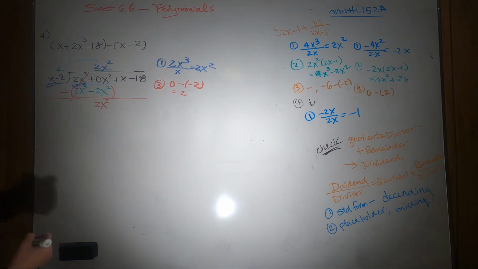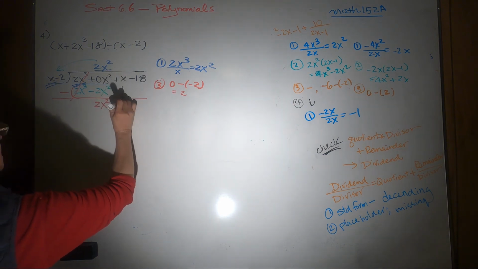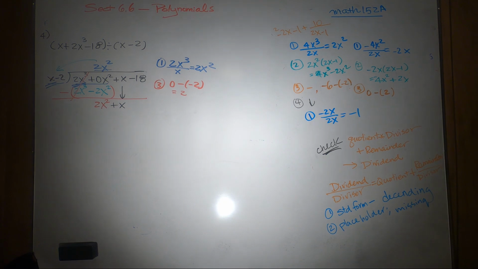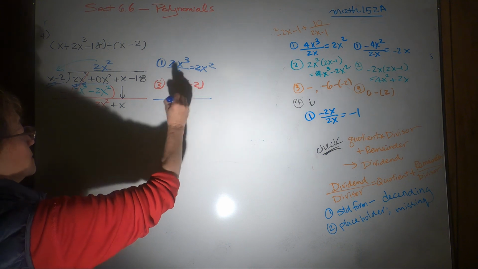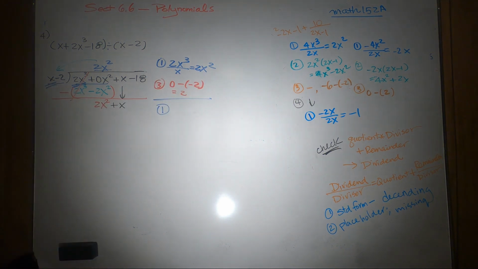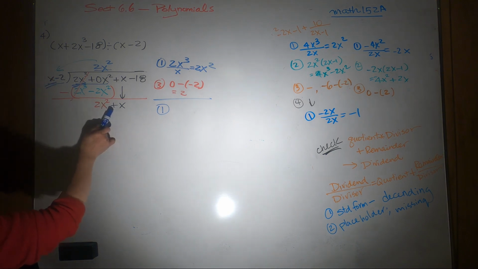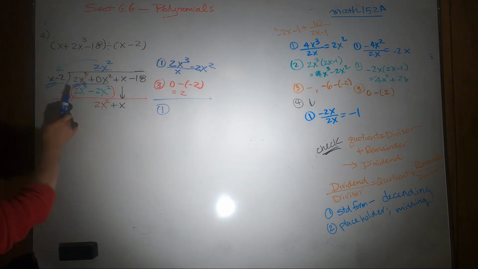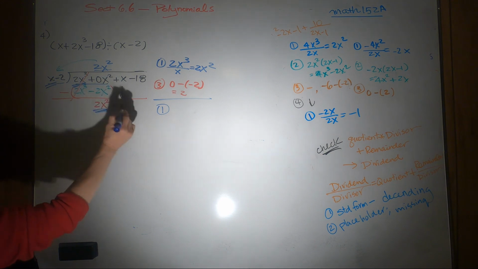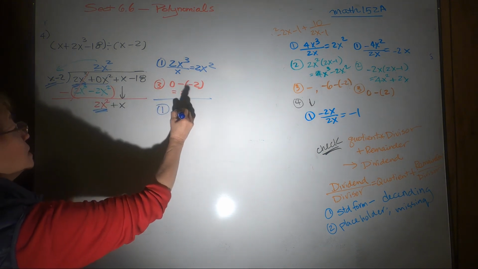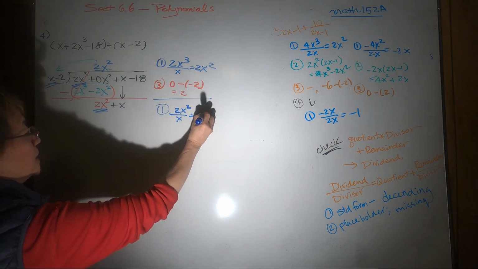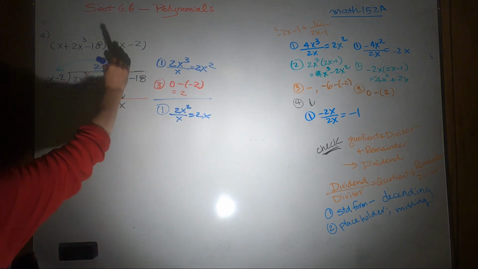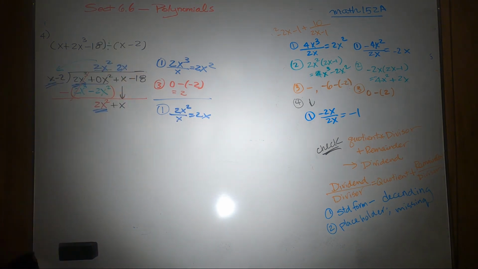Then next step, drop your x, right? Then don't get stuck. You have to do it all over again. Two terms to two terms, compare the mono parts of it, right? For the first one, 2x squared over x, which will be what? 2x.